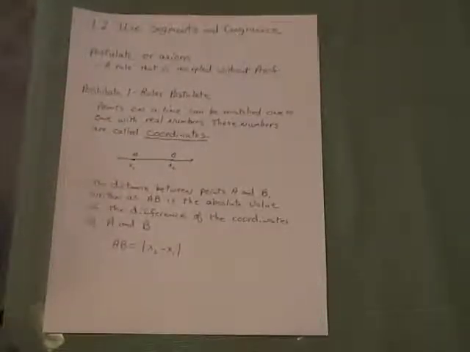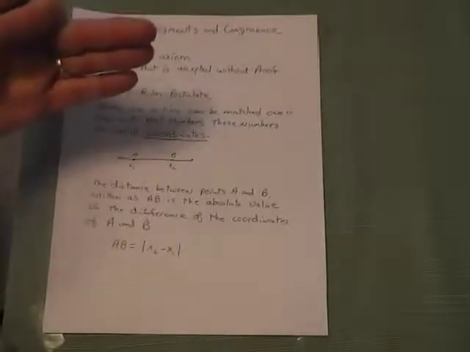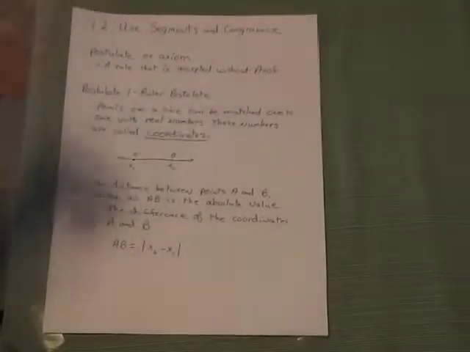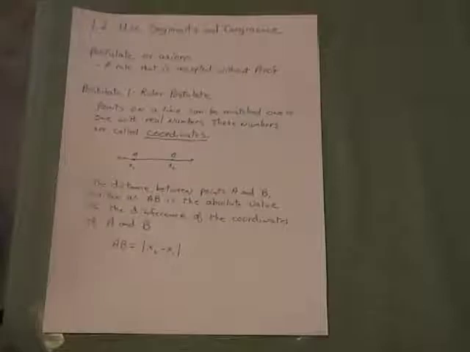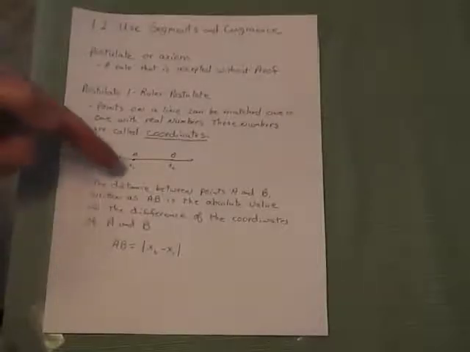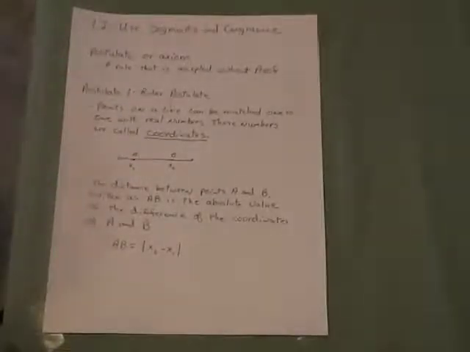One thing that you use on occasion that already does this for us is a ruler or a tape measure. It's like a number line that assigns numbers to each of the points on that ruler or tape measure. So these numbers then are called coordinates.